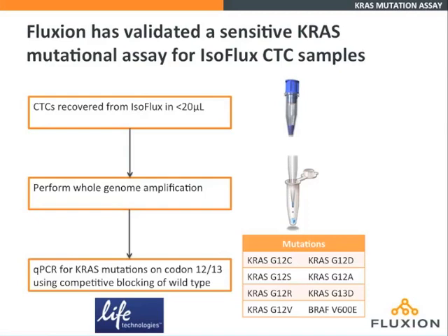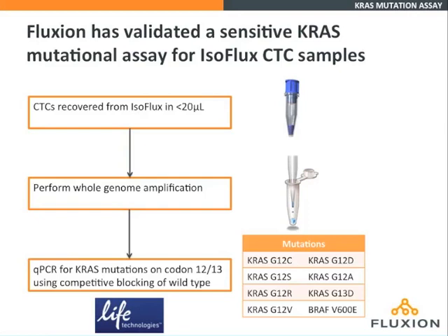In this case, we use the QIAGEN whole genome amplification kit. We believe that other methods are compatible with this approach as well. In order to develop the mutation detection assay, we worked closely with Life Technologies, and we adopted their CAST qPCR kits.